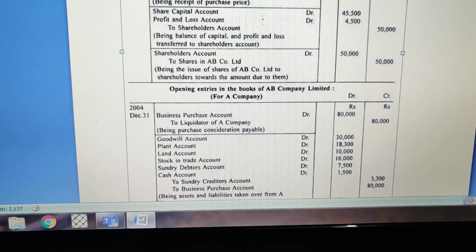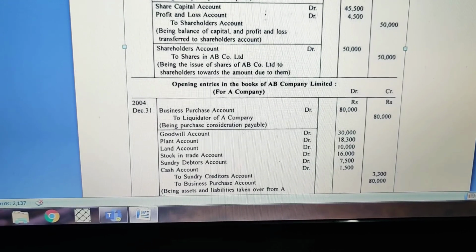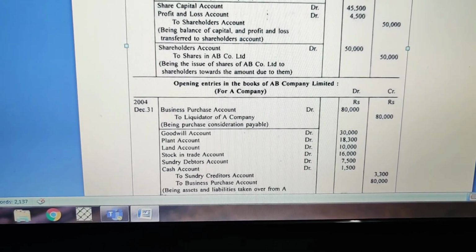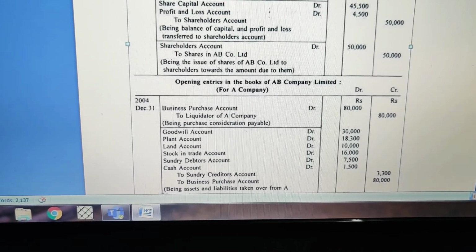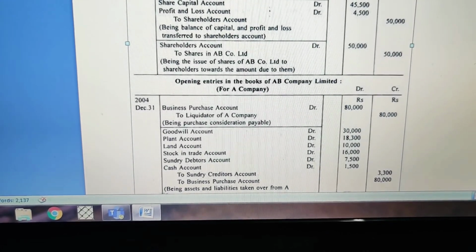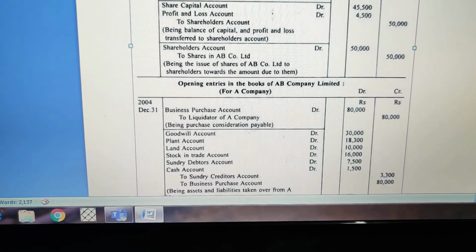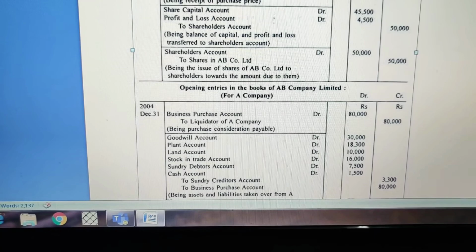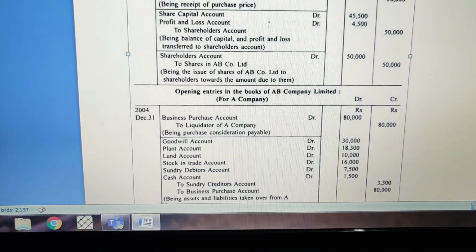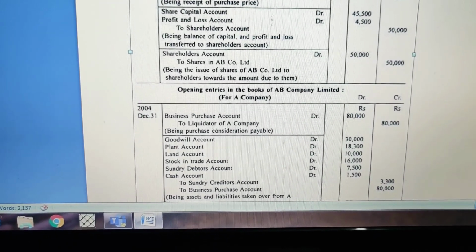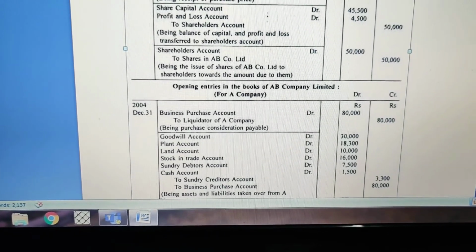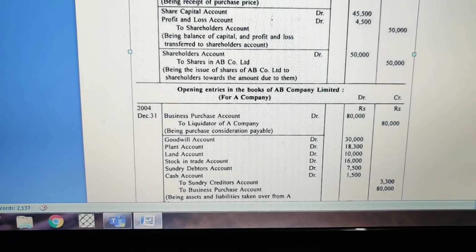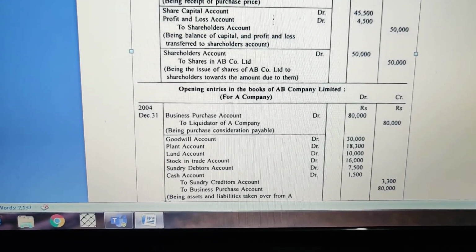Okay, so here on December 31st 2004, on the same date, he is purchasing a business, so he will debit business purchase account, credit to liquidator of A company, to whom he will give the amount, 80,000. So you will credit your liquidator of A company and debit business purchase account.